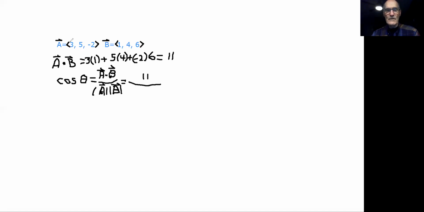Now, if you come back here to vector A, you square 3, you get 9. You square 5, you get 25. So 25 and 9 is 34. And you square 2, you get 4. So the magnitude of vector A is the square root of 38.